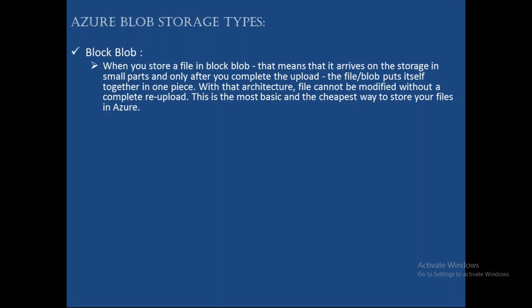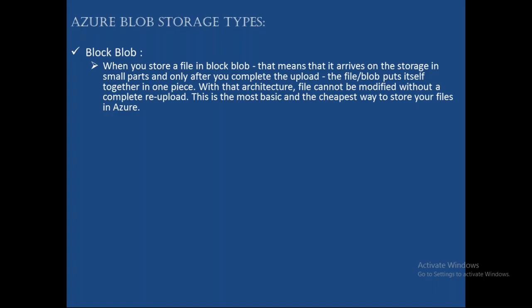Now your entire file will be divided into sub blocks. Let's imagine that movie file size is 120 MB. If you divide 120 MB by 4, you will get 30 blocks. So this movie file will be uploaded in 30 blocks.